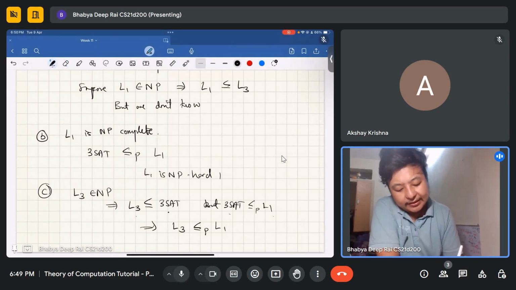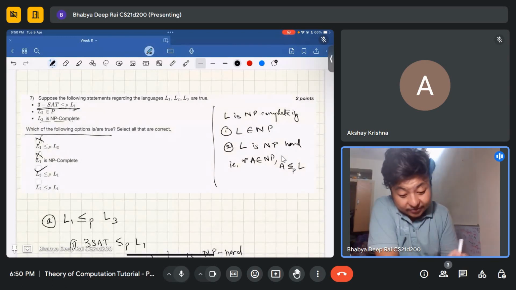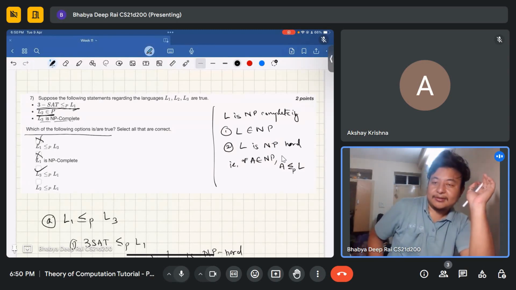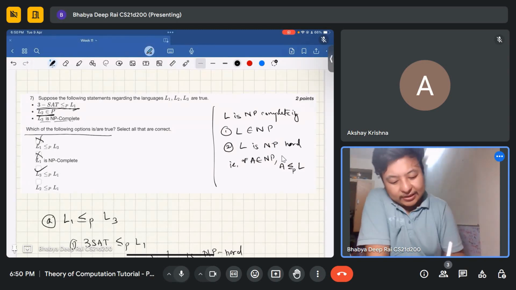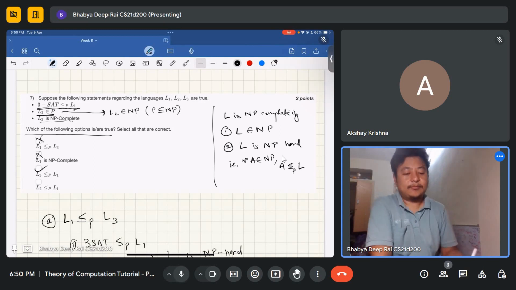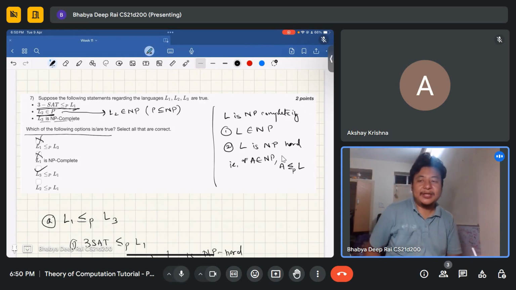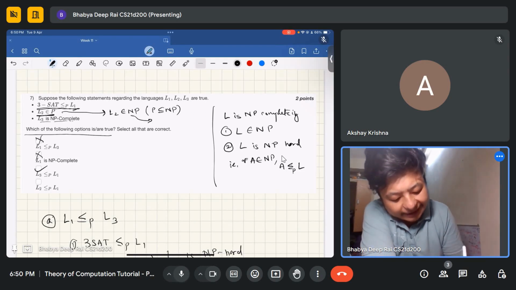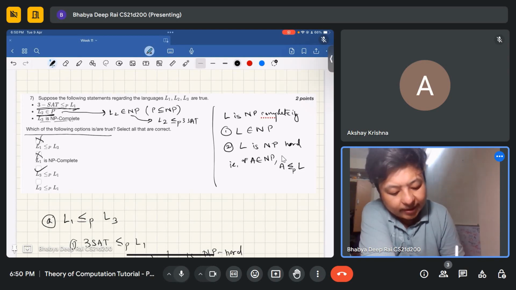This is correct. Now, L2 reduces to L1. Is it true? L2 is in P, and L1 is this hard language. What does it mean for L2 to be in P? It means L2 is in NP, because P is contained in NP. If L2 is in NP, it means L2 reduces to 3SAT, because 3SAT is NP-complete.